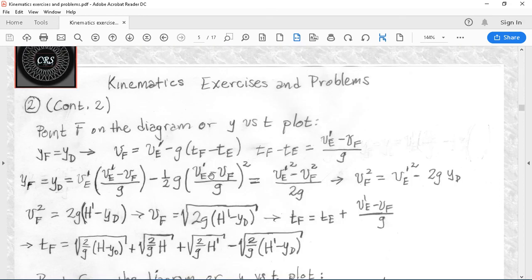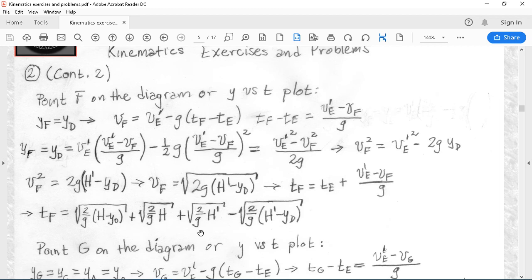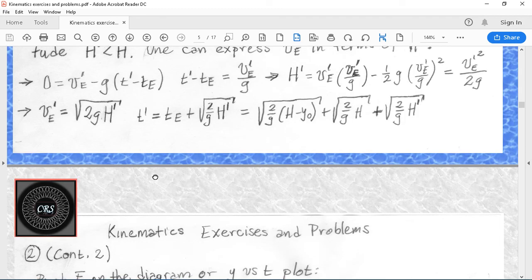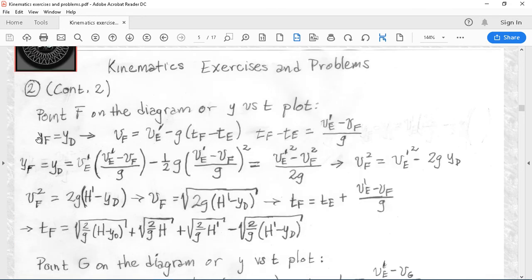So for point F we already know that vE prime equals the square root of 2g times h prime. And we replace. For vF we have that vF equals v prime minus g times tF minus tE, and we have tF minus tE equals (v prime minus vF) over g.